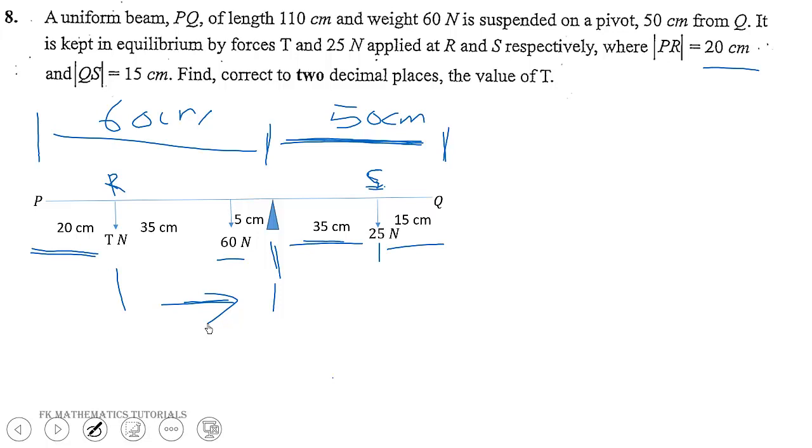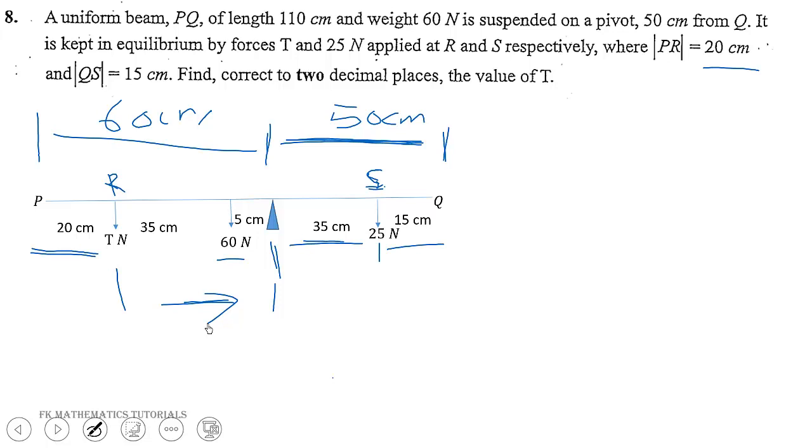Now this is what we are going to do. We're asked to find, correct to 2 decimal places, the value of T. The value of T can be found by taking moments. The principle of moments says that the sum of all the clockwise moments should be equal to the sum of the anti-clockwise moments. So let's go.